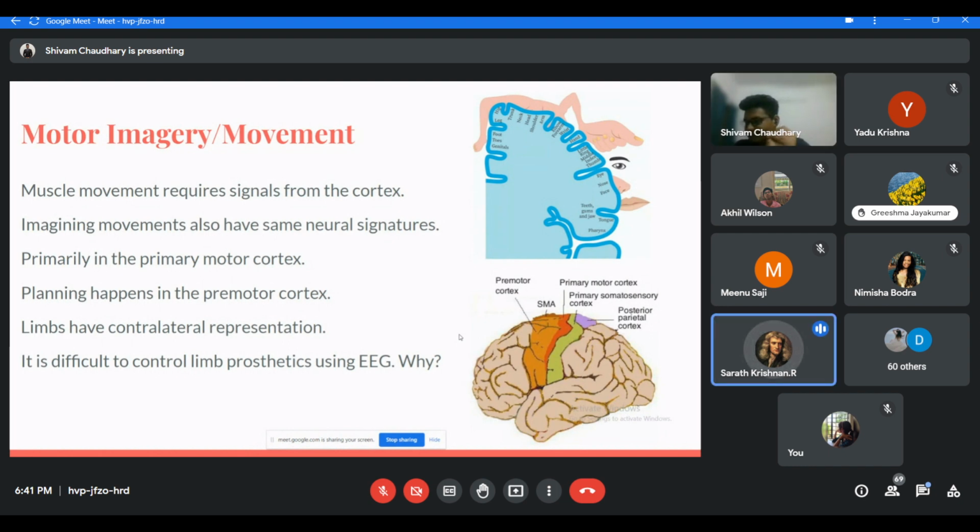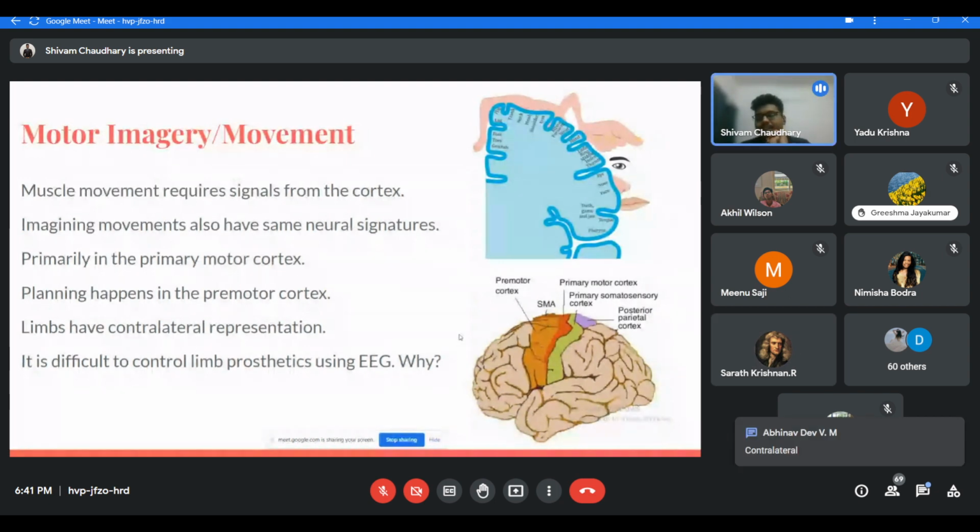Yes, because this movement has to be imagined first and then it has to be executed. So imagining will have the same neural signatures as doing the activity. If we are imagining taking a ball or actually taking a ball, both will generate the same response.